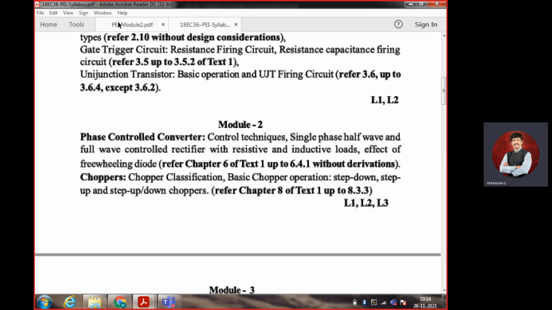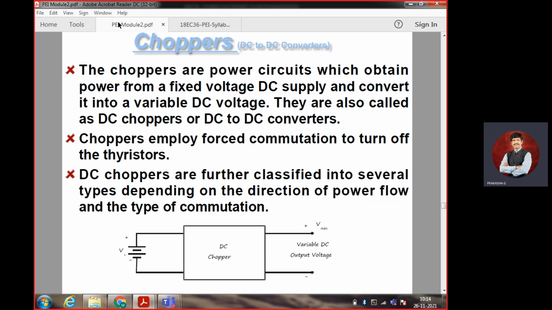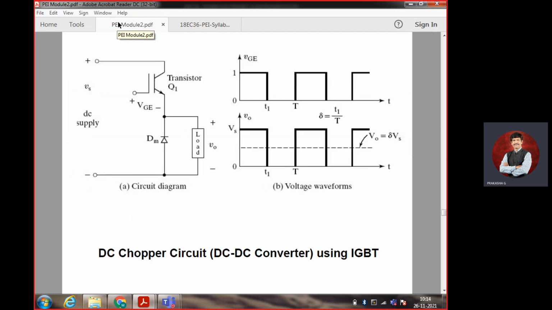Moving ahead, this I already taught you. In general, whenever you go for the chopper, as we already know, the input is DC.